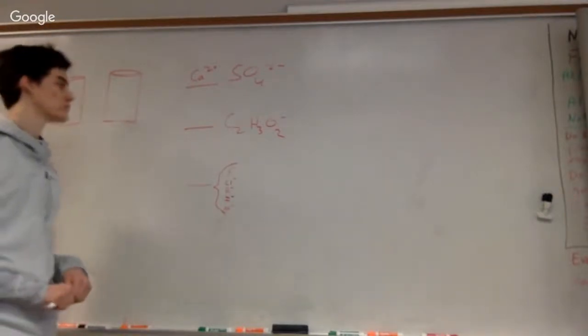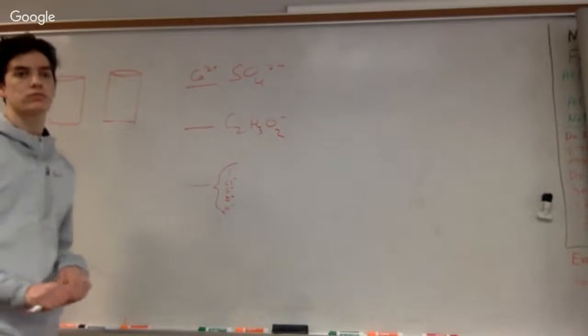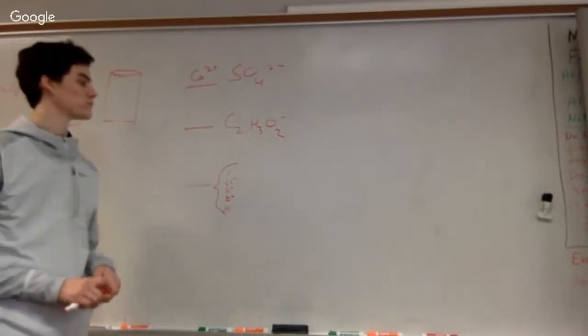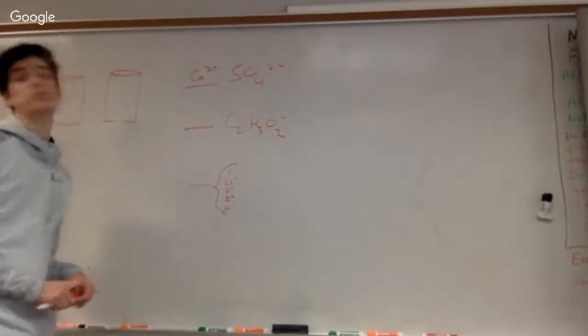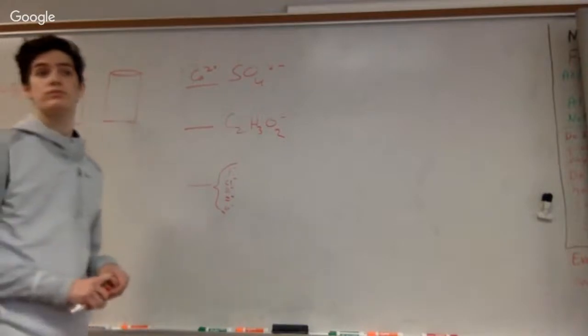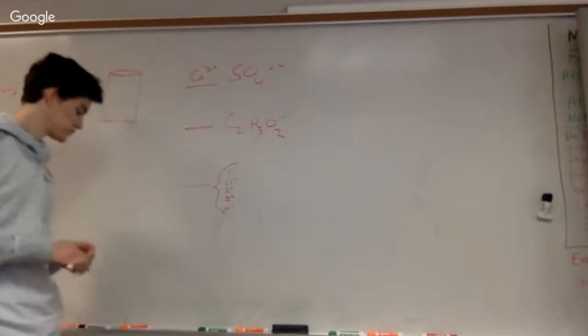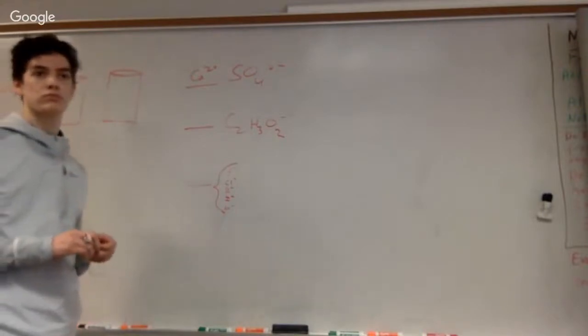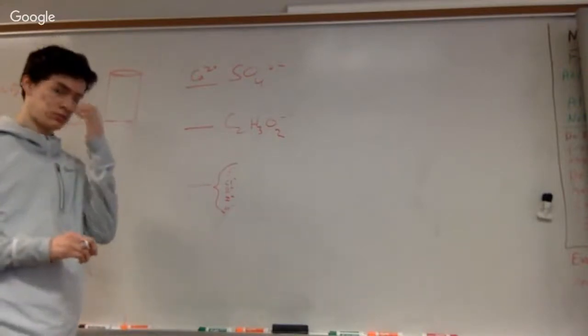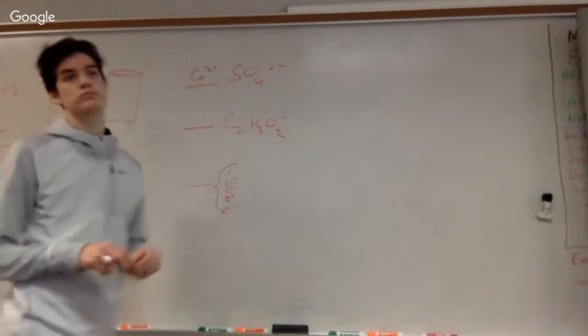Let's look at acetate. Now, here's the problem with acetate. Do you see how there's no exceptions for acetate? Yeah. So acetate, no matter what you put in front of it, will always be soluble. Now, I had wanted to make my NAG all soluble and my SAG soluble with exceptions, but I had acetate to work with.